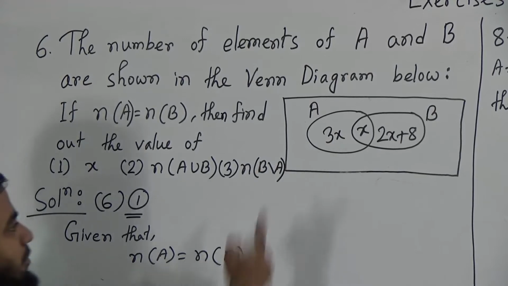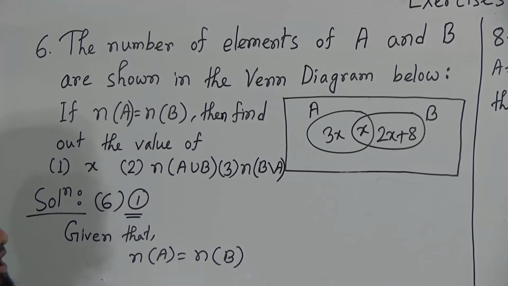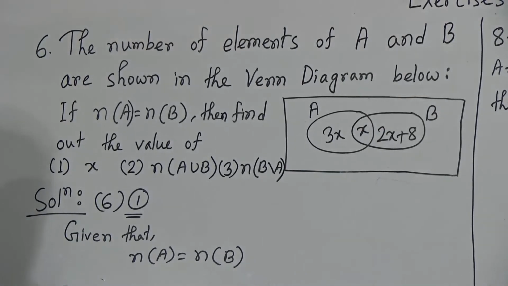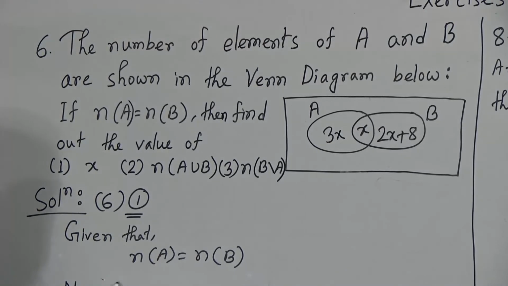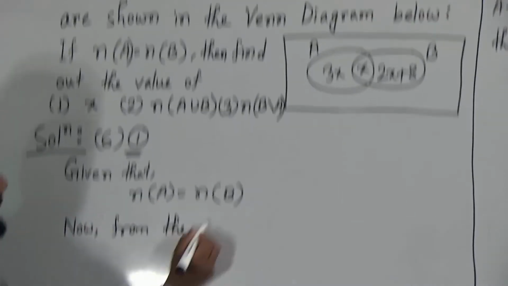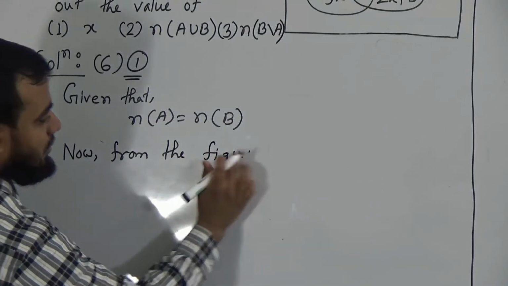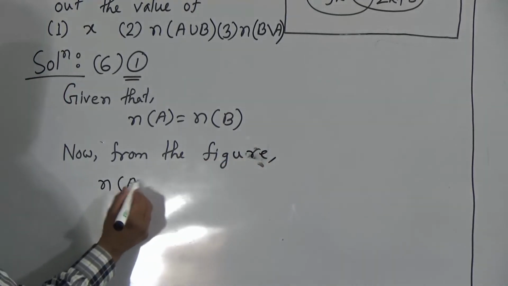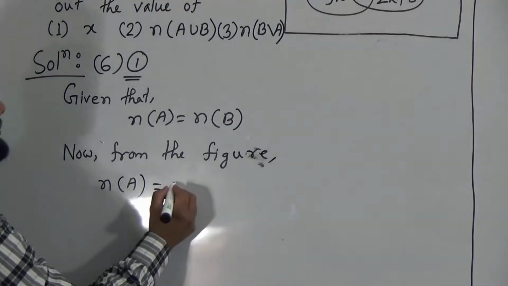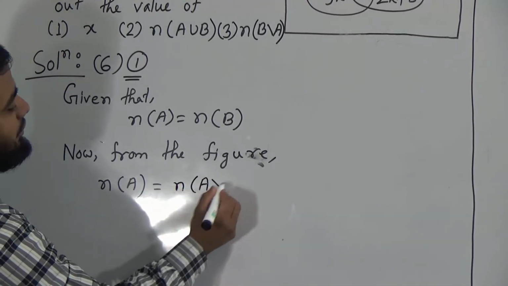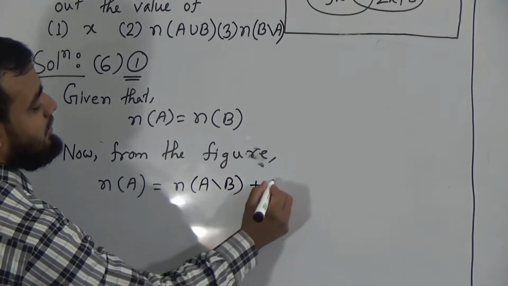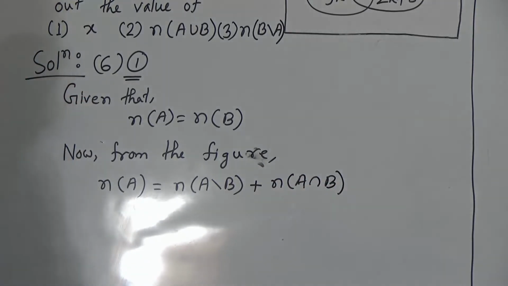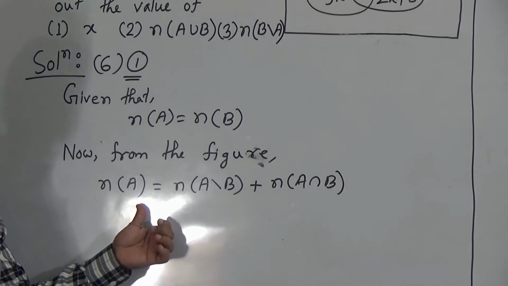Now from the Venn diagram and from proposition 9 in the previous class, you are well known about this figure, okay. From the figure, n of A equals what? n of A equals n of A delete B plus n of A intersection B. I have written this directly because you have already learned proposition number 9 in the previous class.